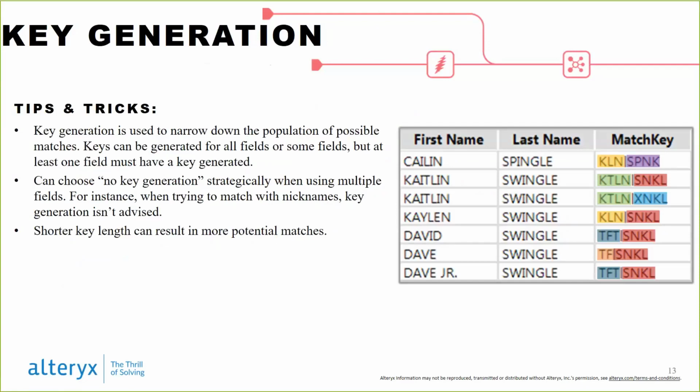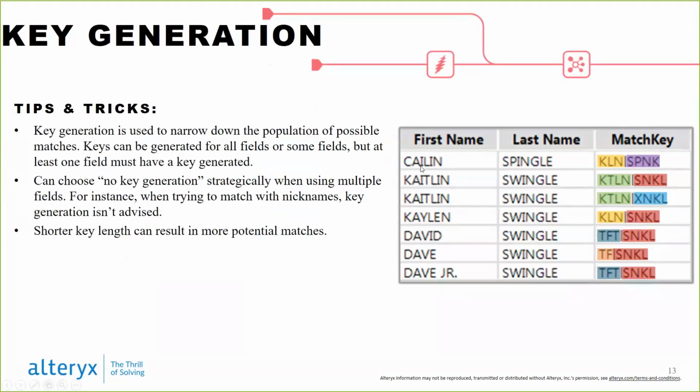So key generation. This is the first step that we talked about in our fuzzy matching process, and here's a quick picture of what's happening. We talked about all of those methodologies. We have one of our fuzzy matching experts here at Alteryx, Kaylin Swingle. She showed an example of her name written in many different ways, right?